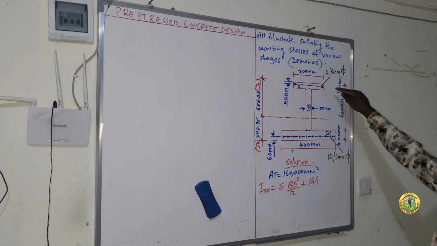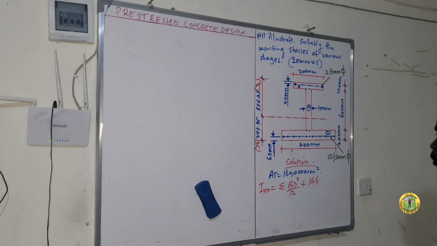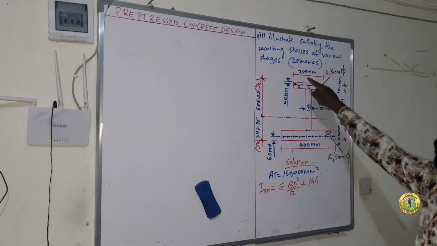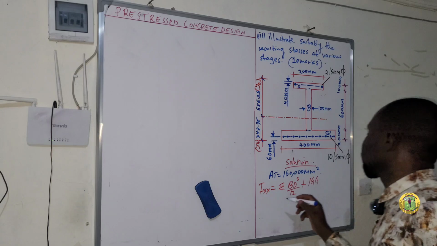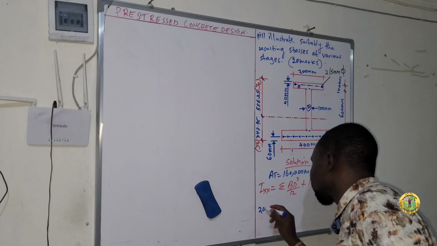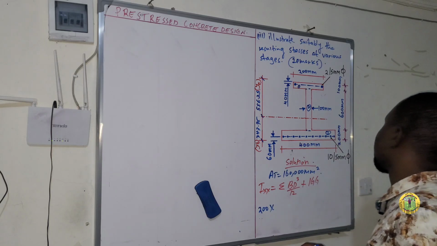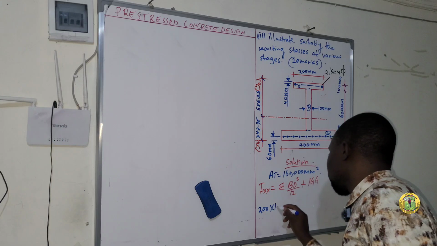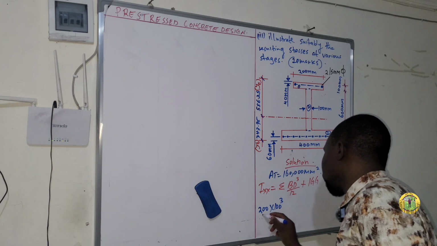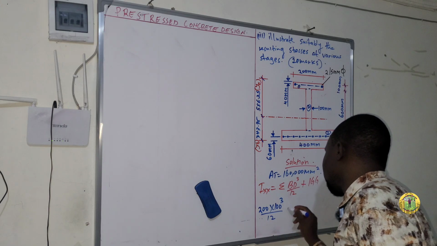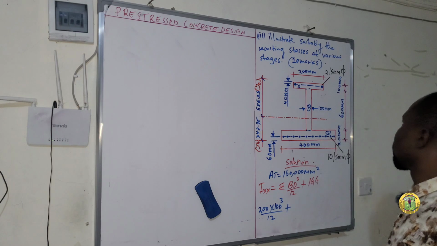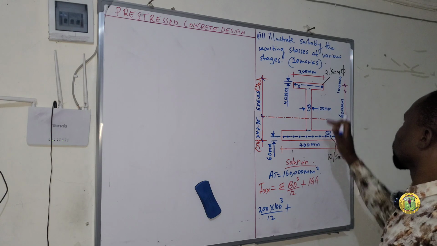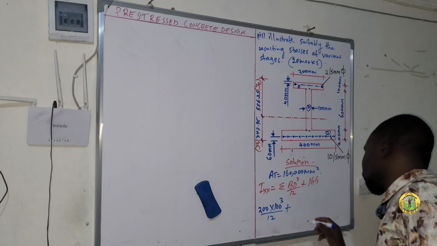I will begin with the first portion. The first portion has B as 200 and D as 100. So this one will be 200 times 100 cubed over 12. Then plus IgG is the area of this portion, which is 200 times 100, that is 20,000.